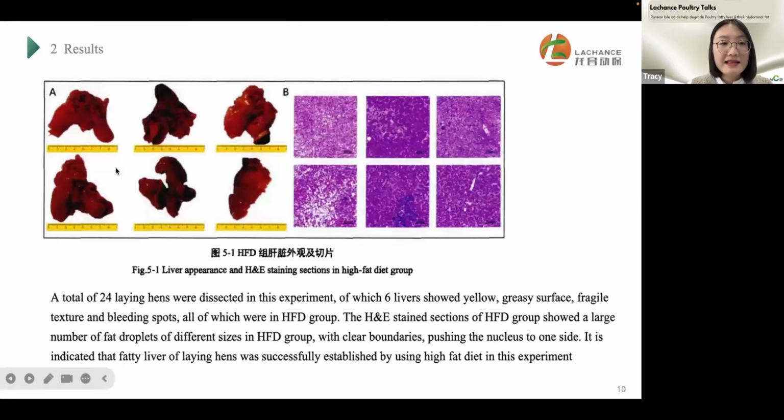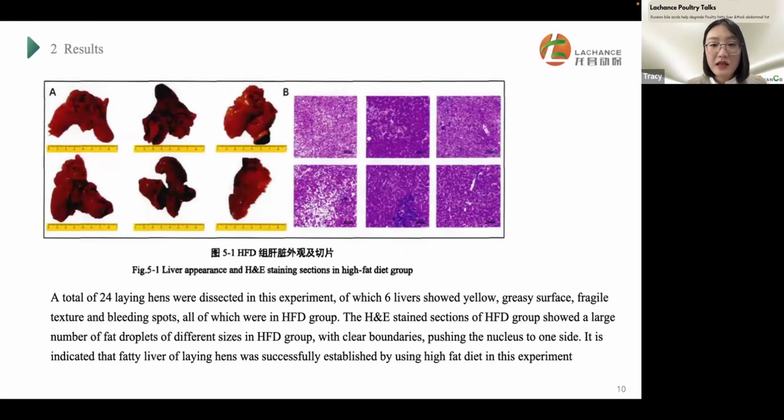And this is the fatty liver model that I just talked about. A total of 24 laying hens were dissected in this experiment, of which 6 livers showed a yellow greasy surface. You can see the picture on the left.